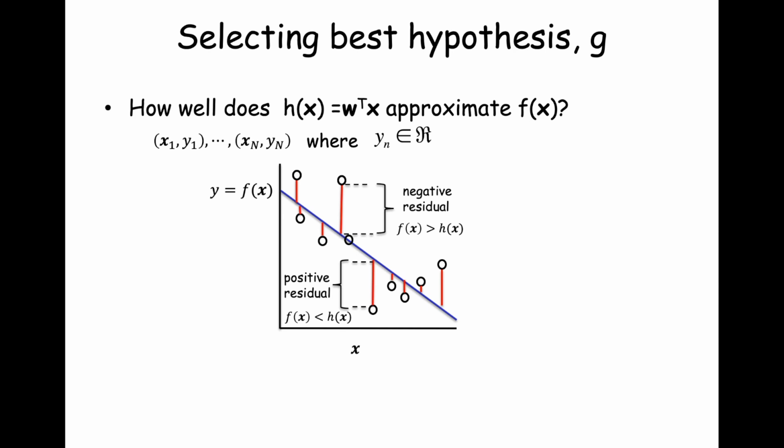And so this residual could be negative or positive, and we care about the magnitude and not the direction when we're trying to fit the best linear hypothesis to the data, i.e. to mimic the labeling of the unknown target function.